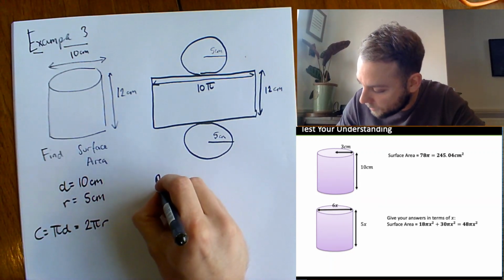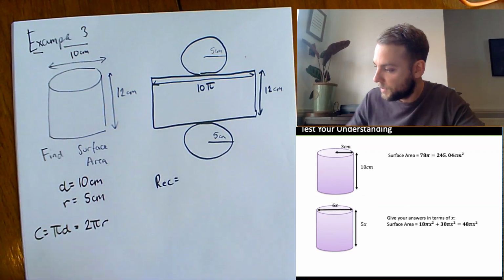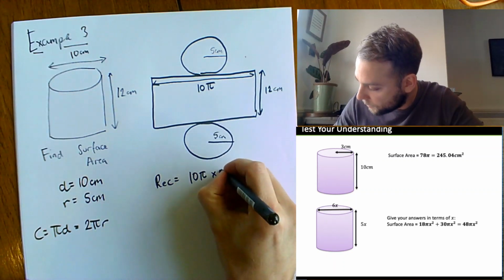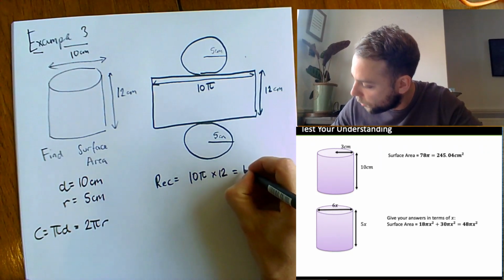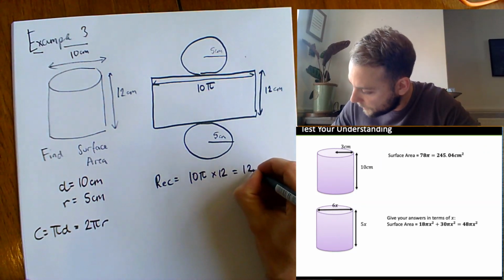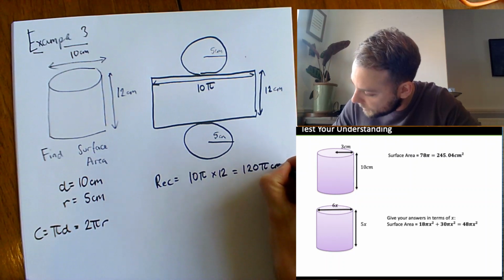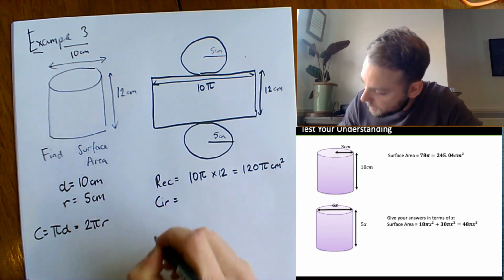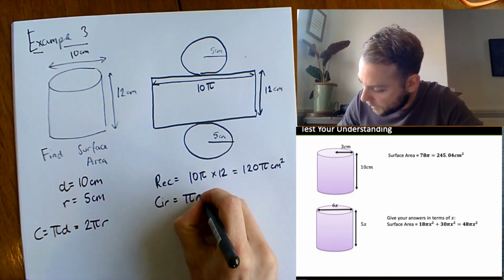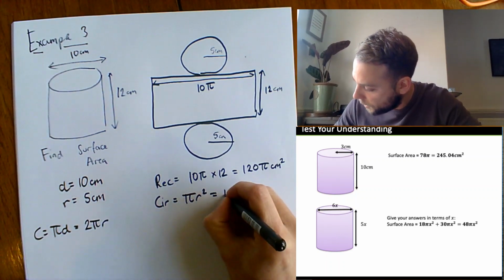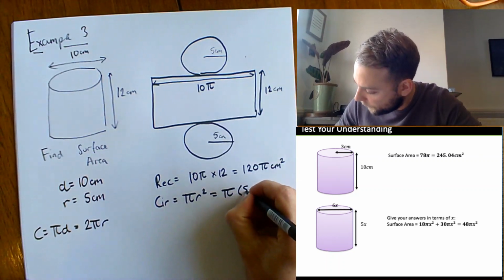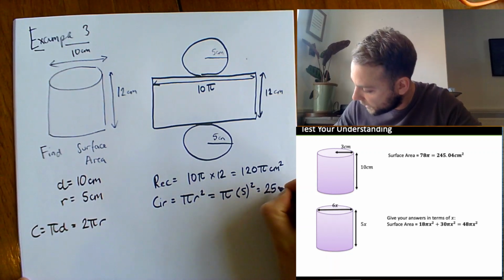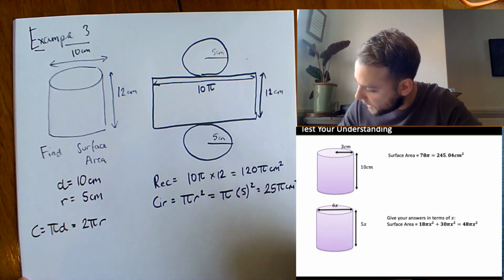So now let's do the rectangle, which is equal to length times by width. So 10 pi times by 12, which is equal to 120 pi centimetres squared. The circle is equal to pi r squared, which is equal to pi times by 5 squared, which in this case is equal to 25 pi centimetres squared.